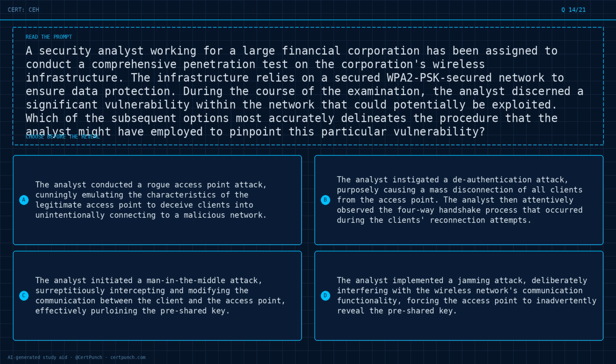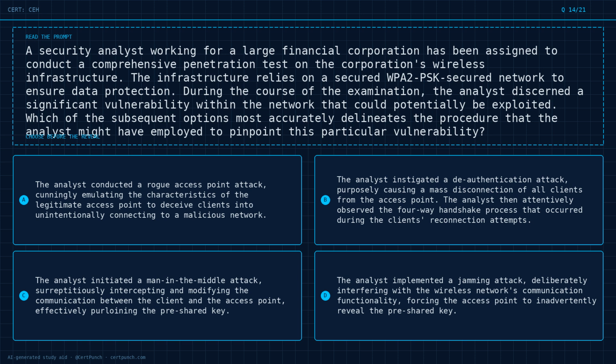Option A. The analyst conducted a rogue access point attack, cunningly emulating the characteristics of the legitimate access point to deceive clients into unintentionally connecting to a malicious network. Option B. The analyst instigated a deauthentication attack, purposely causing a mass disconnection of all clients from the access point. The analyst then attentively observed the four-way handshake process that occurred during the client's reconnection attempts.